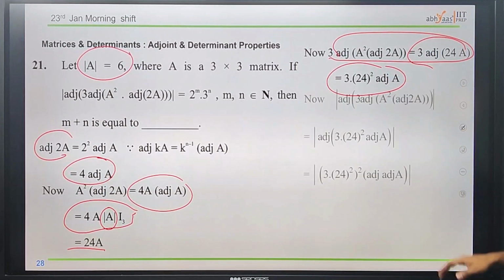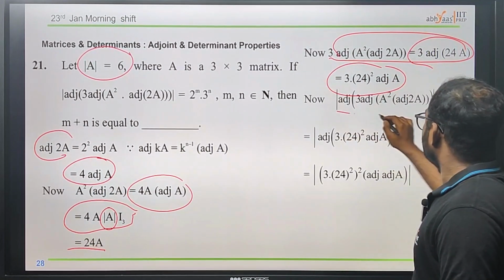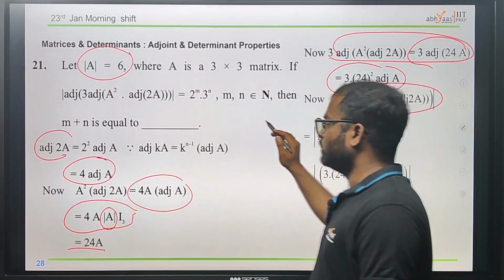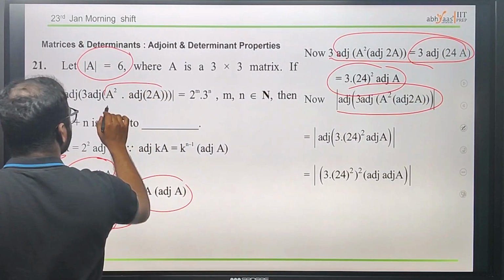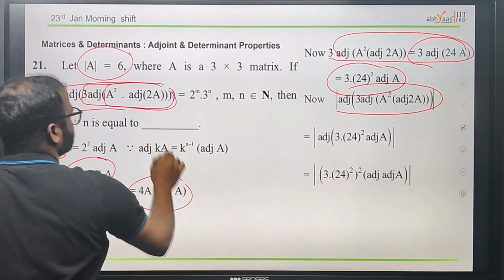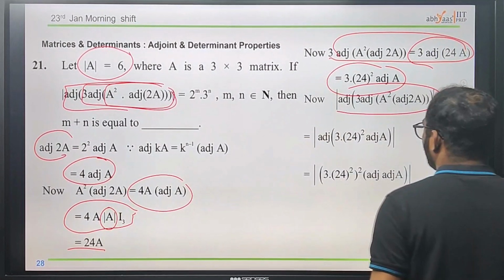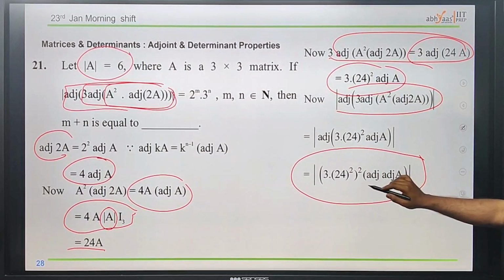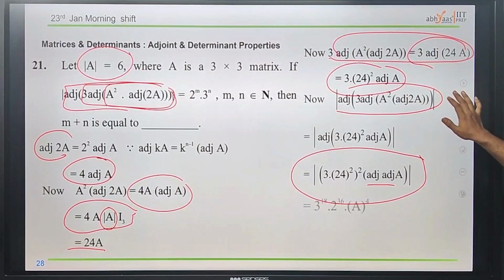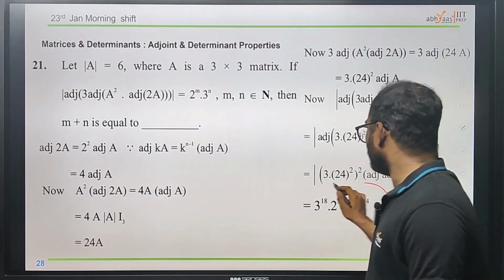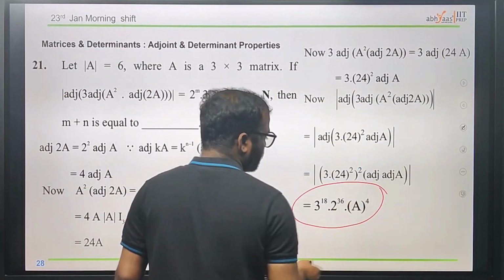Similarly, now just finding the determinant of this one. Firstly we found this one, after that we found this one, after that we found this. That's how we are moving forward. Now the determinant, finally we will have this one, adjoint into adjoint of A, which gives 3 power 18 into 2 power 36, which is A power 4.